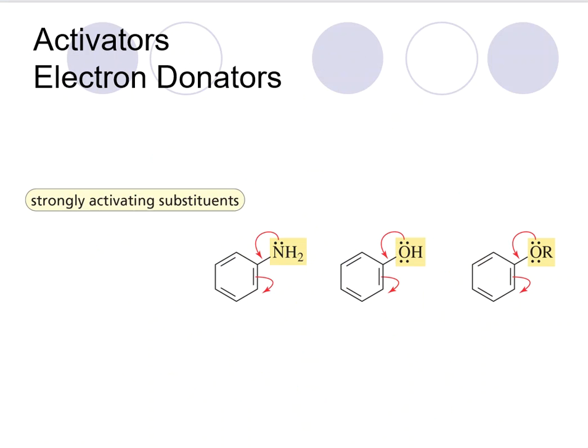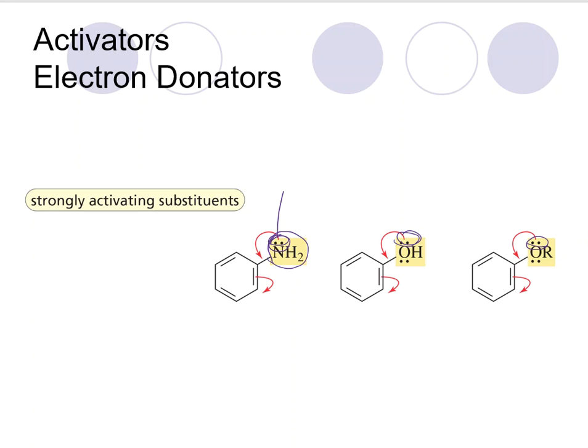Let's start with our electron donators. These are activators. These are just examples of activators. Just examples, that's all they are. But if you look in each one of these cases, you have a group that has a set of electrons. Right there it is. This OH, there's a set of electrons. Here's an ether, ROR, there's a set of electrons.